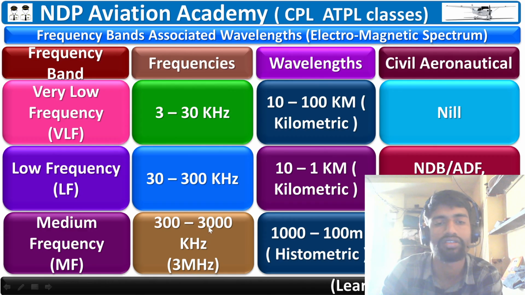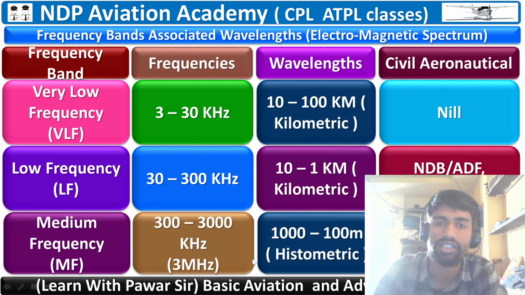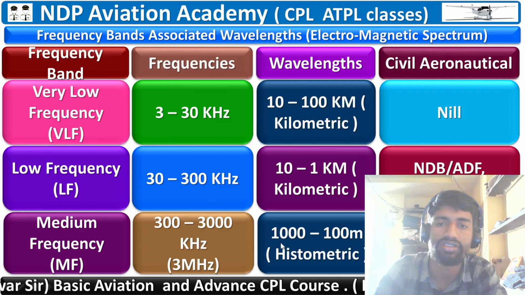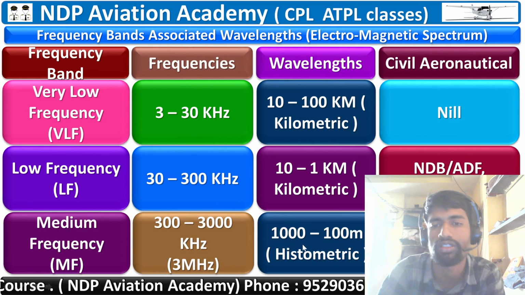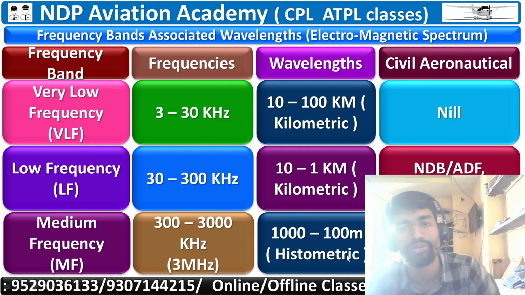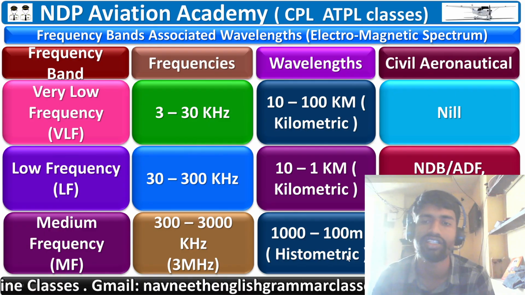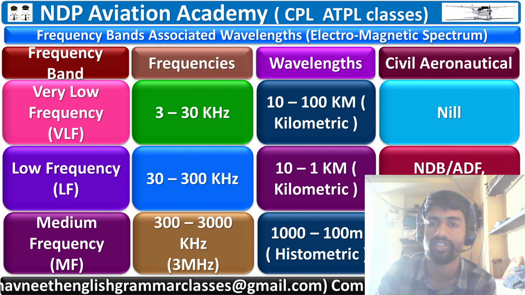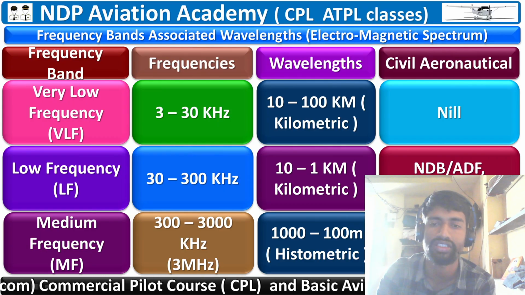Then how much wavelength? 1000 to 100 meters, and this is the hectometric wavelength denomination. So we use this medium frequency for ADF, NDB, and long range communication.